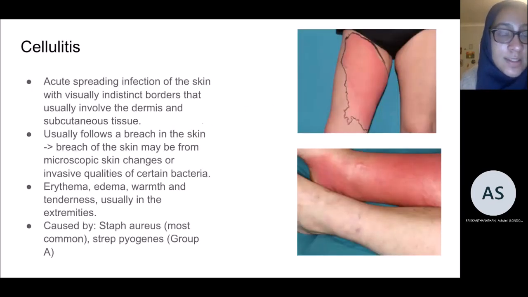Firstly, with cellulitis in general, I'm sure you've all heard of what cellulitis is. It's basically a skin infection. You might get it because of a breach in the skin, from microscopic changes, or from certain bacteria which just invade into the skin.